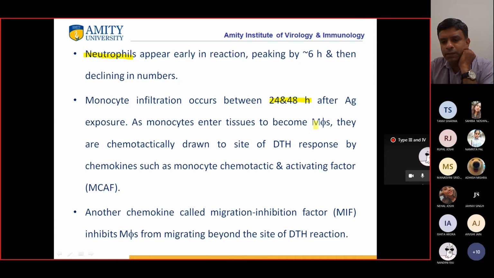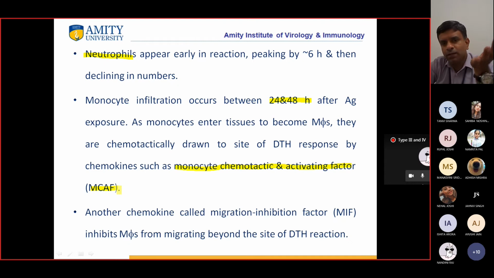These monocytes become macrophages and then they are drawn to the site of the DTH reaction, okay. Now obviously macrophages need a signal to go there, so who is giving that signal? There is another cytokine, monocyte chemotactic and activating factor, MCAF, okay.